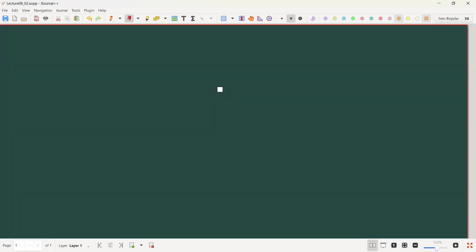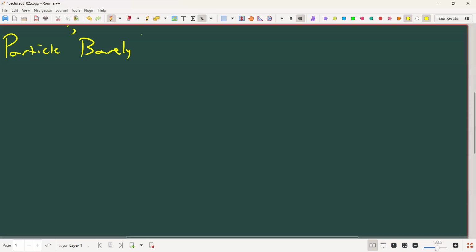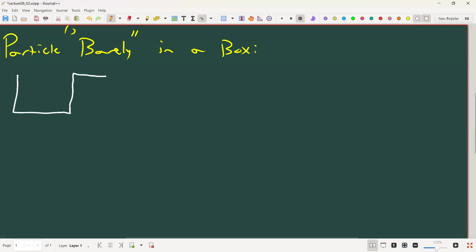So this is a particle that's barely in a box, if you will. So we have this potential energy that looks like this. Here's our potential. This is X and this is E, energy.